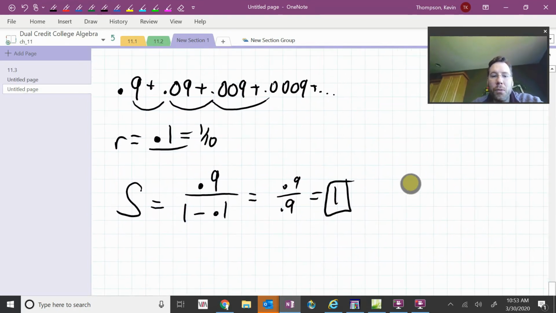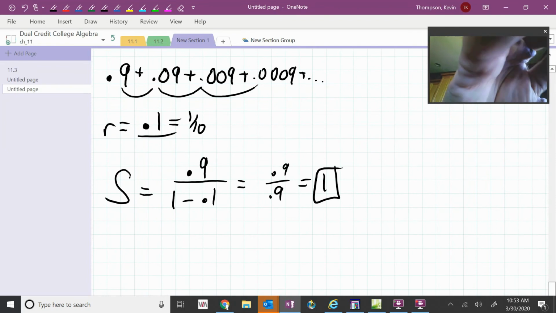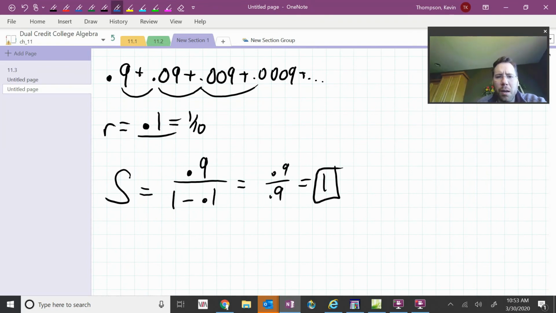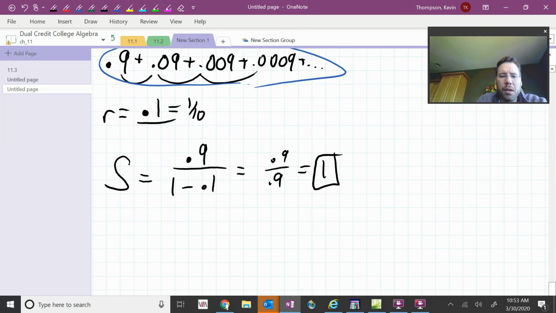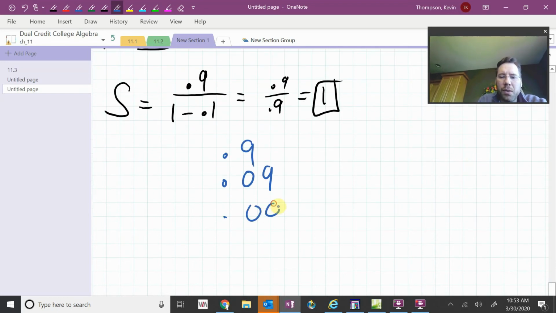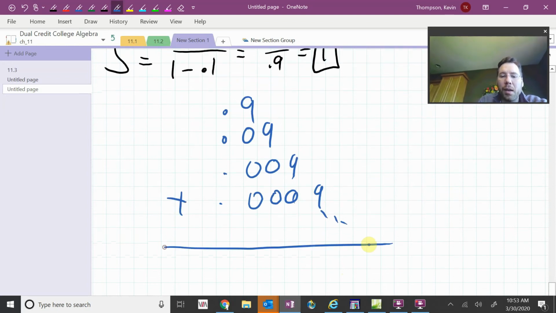And this is a fact of numbers that bothers people, though it shouldn't. If we look at this original number, and I wrote it differently, 0.9, I'm going to write it vertically, 0.09, 0.009, 0.0009, and I say forever and ever and ever, I'm going to add these up.